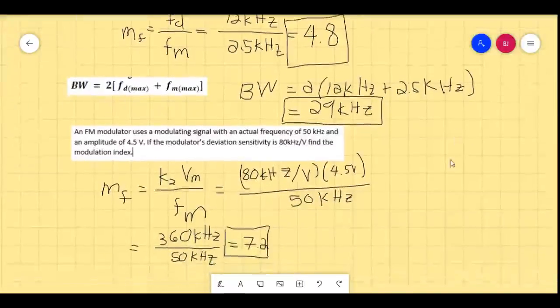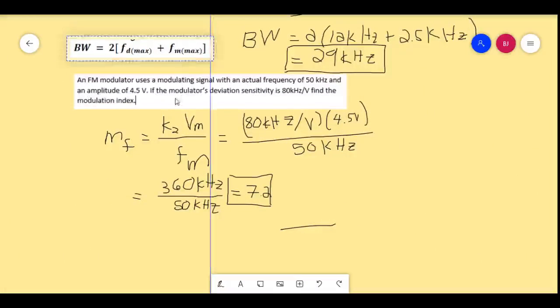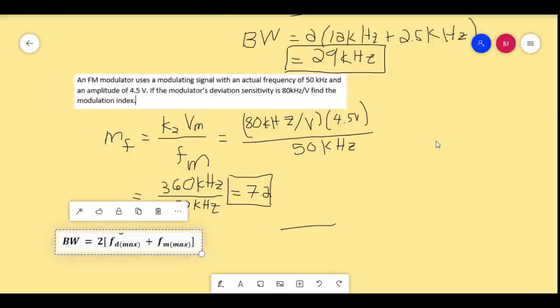Let's now apply the same formula, Carson's rule, in order to determine the bandwidth for the second problem. So we have our FD max here, which we were able to determine as 360 kilohertz. Remember that in the second problem, the frequency deviation was not explicitly stated.